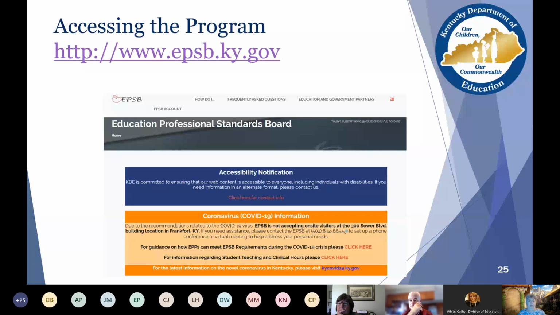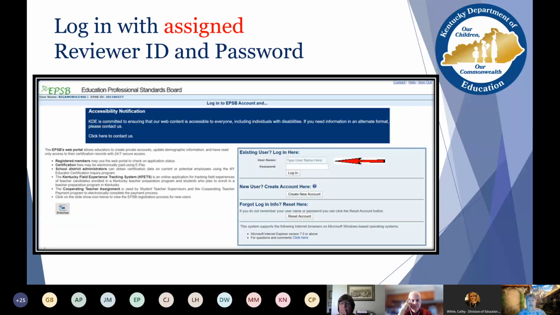The first step in accessing the program will be to go to the EPSB's homepage, which is at epsb.ky.gov, and click on the link that says EPSB account.